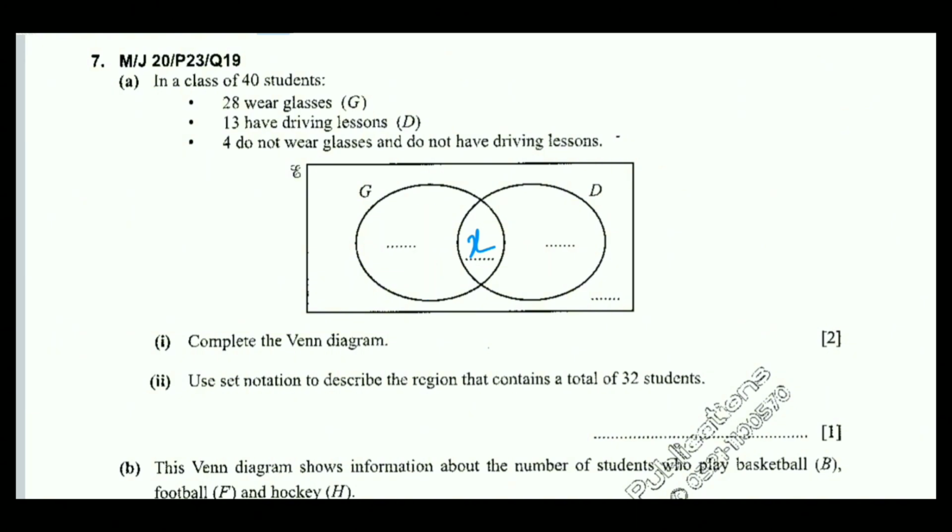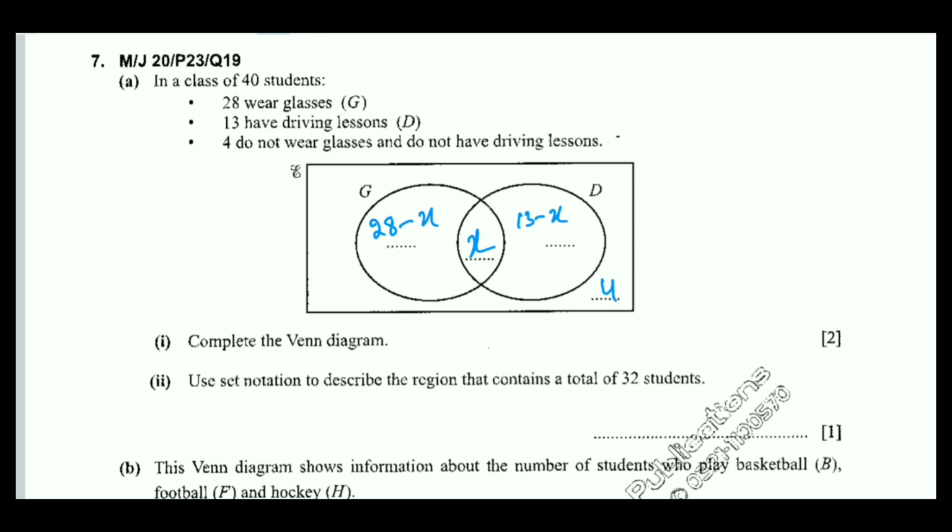As G is 28, this part will be 28 minus X, because if G is 28 and this part is X, this part will be 28 minus X. Now the other part: if the whole circle is D and X is mentioned, the remaining part of D will be 13 minus X, as D is 13, that is given in the question. And outside we have to write 4, as 4 do not wear glasses and do not have a driving license, so they will be outside the circles.